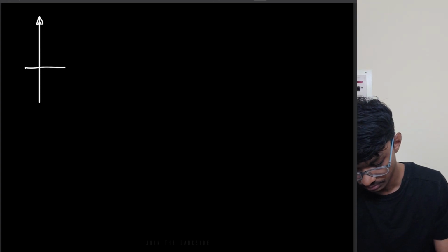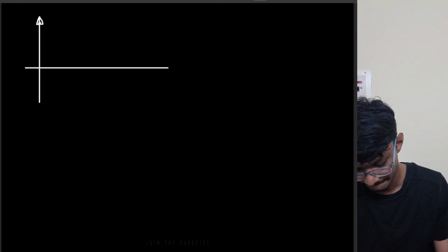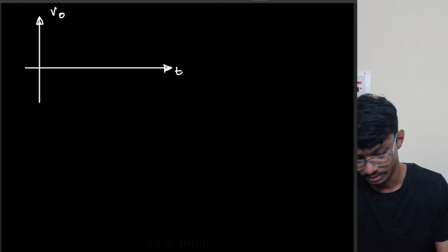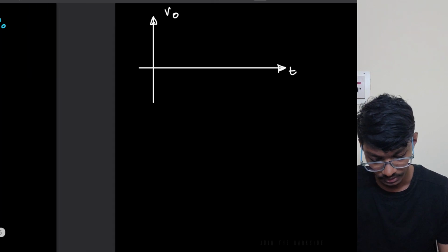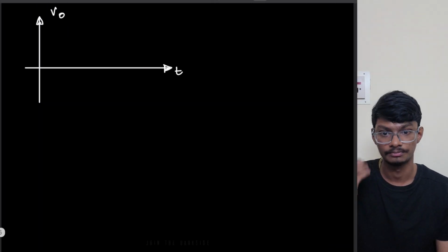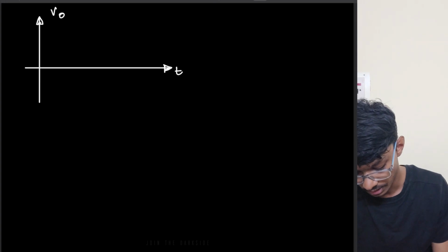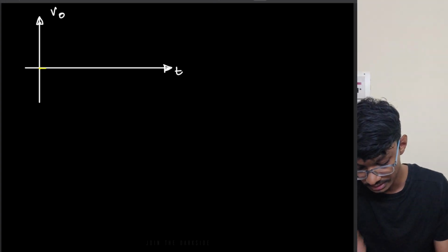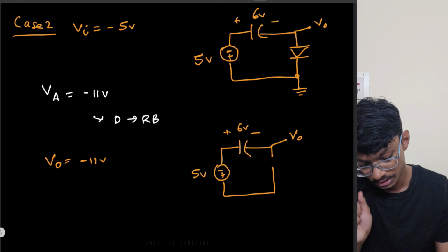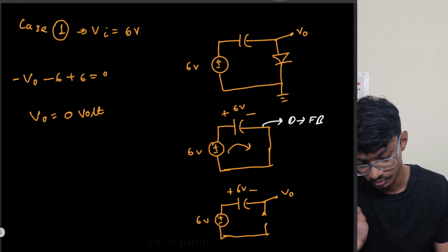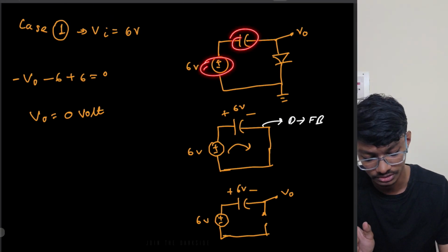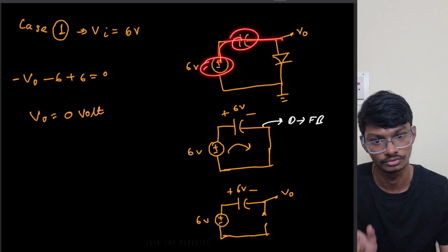So what is happening? This is T, this is VO, right? Initially there was some impulse current which we won't be able to show here, and for a certain time VO was plus 6 volts, because this was 0 volts and VO was directly connected to this.